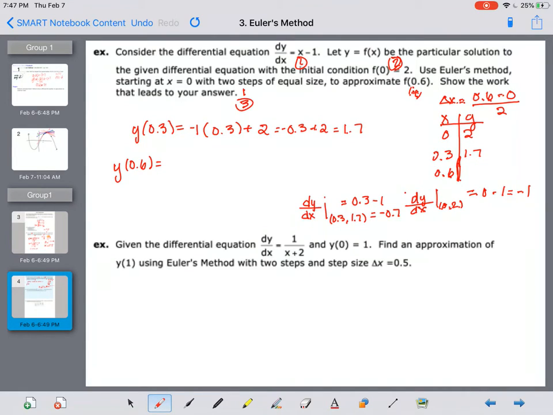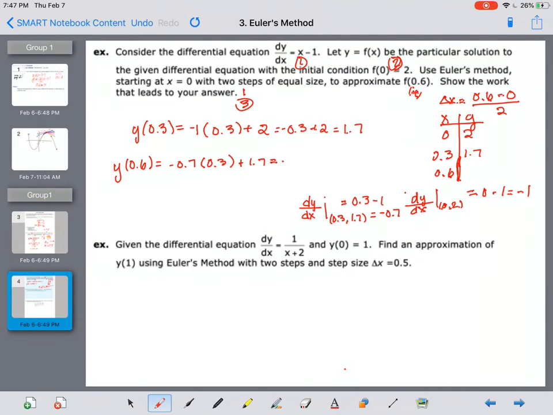So our new slope is negative 0.7 times 0.3, that's our change of x, and plus 1.7. Okay, so now we're just going to do a calculation. 7 times 3, 21. That gives us 0.21.